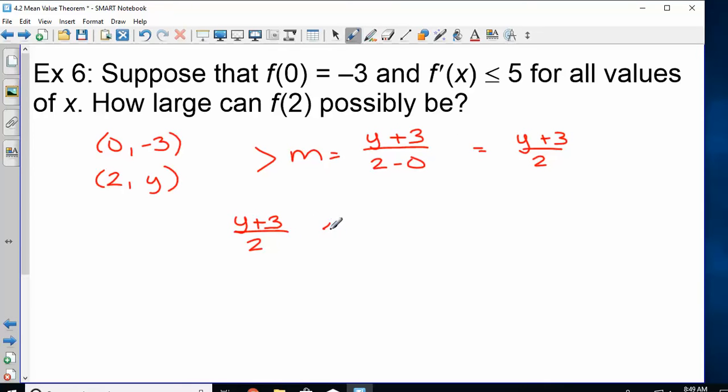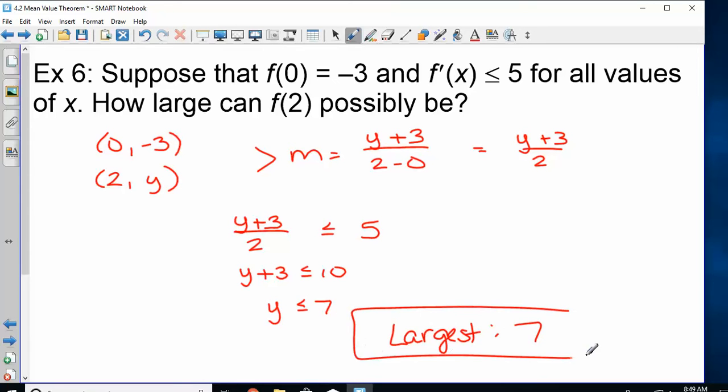It's less than or equal to 5, so this has to be less than or equal to 5. So y is less than or equal to 7. So the largest y value we could have is 7. If you had anything bigger than that, then the slope would become bigger than 5, and it would not work.